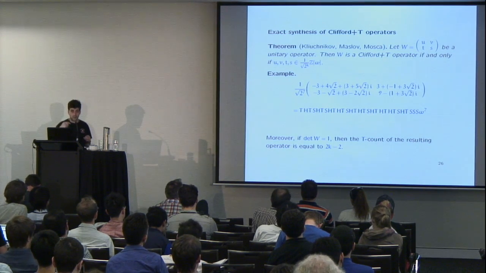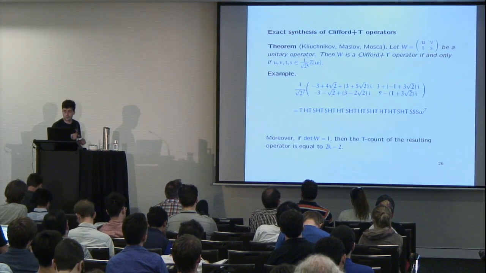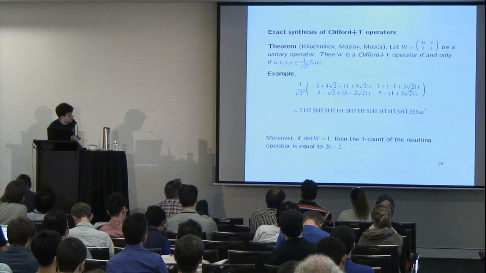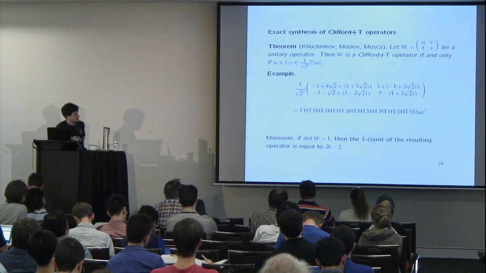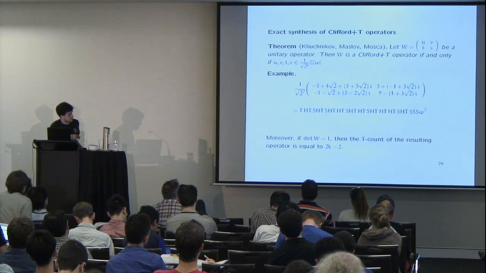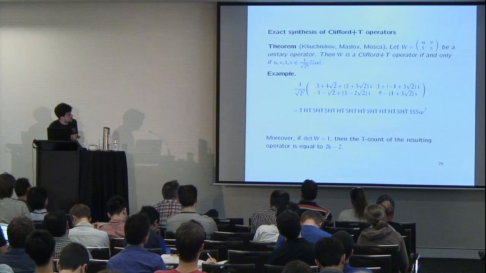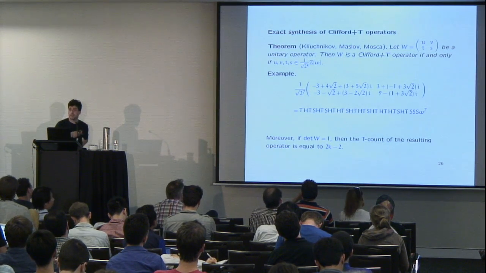So a unitary operator is in the Clifford+T group if and only if it is of this form. For example, the operator that I mentioned two slides ago, given in its Matsumoto-Amano normal form, has the following matrix. It is indeed 1 over square root of 2 to the 7, and then some elements of Z[omega].